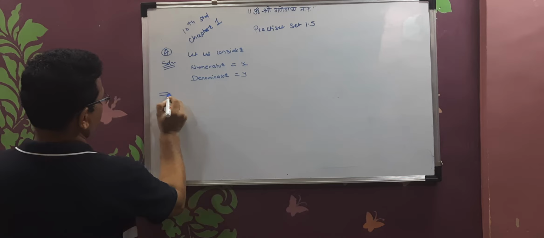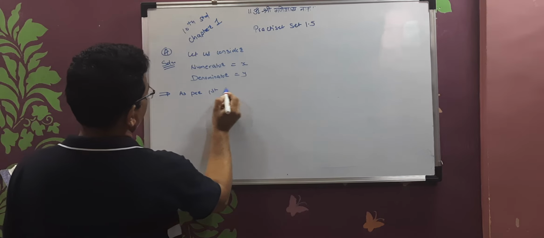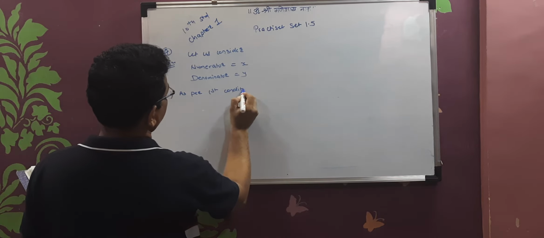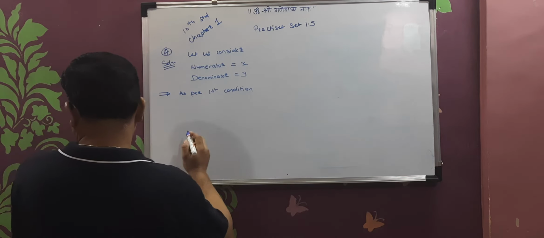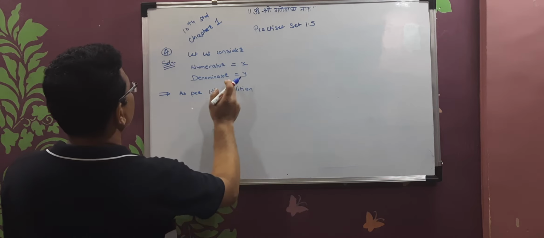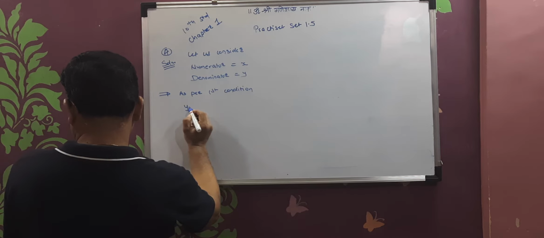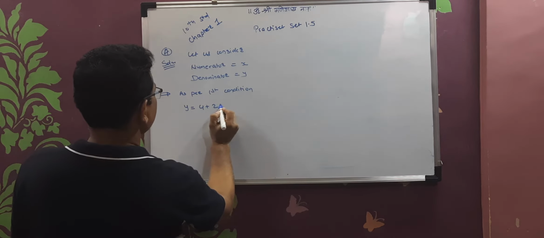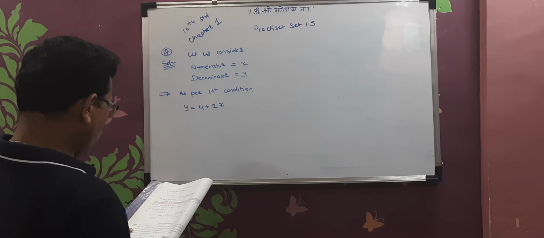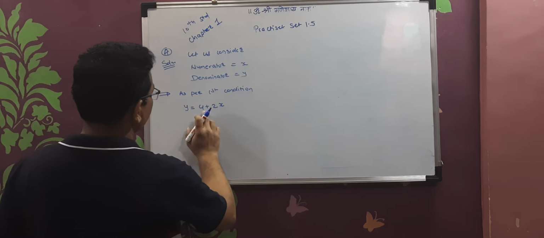So as per first condition, the denominator of a fraction, this is y, is 4 more than twice its numerator. So value of denominator is 4 more than twice its numerator. So it will come y equals 4 plus 2x.